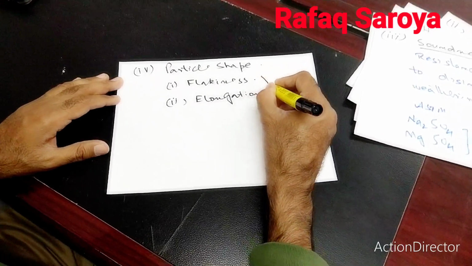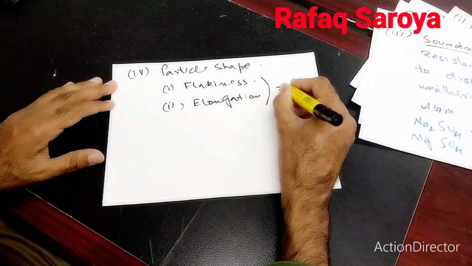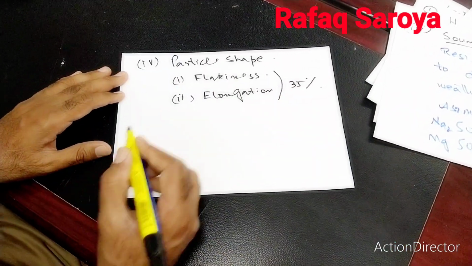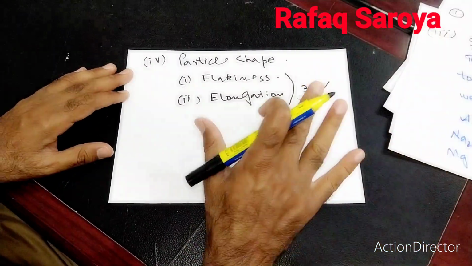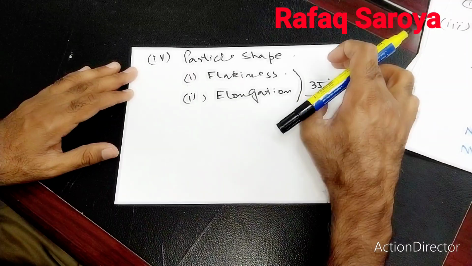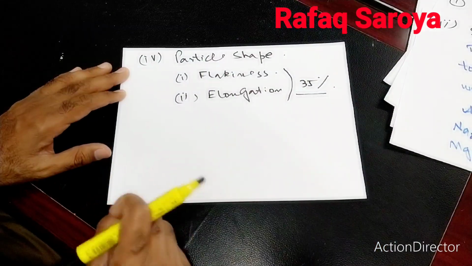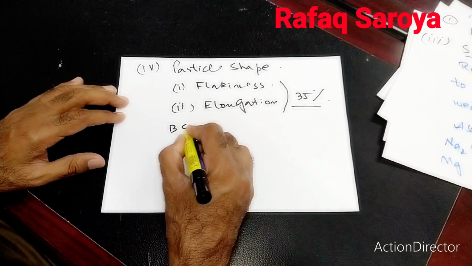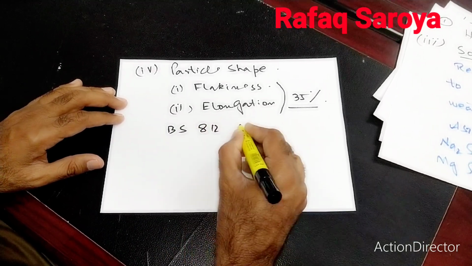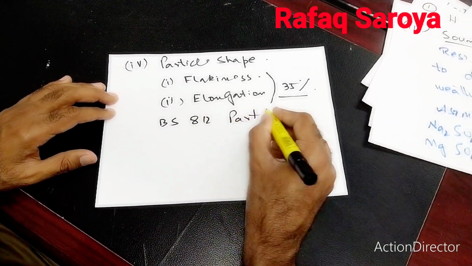The maximum acceptable limit for these two properties is 35%. This is the extreme limit. If it exceeds this, not acceptable. If it is less than this, it is acceptable. So this is the acceptance criteria, 35%. And for this, we are using the British method, BS part 105.